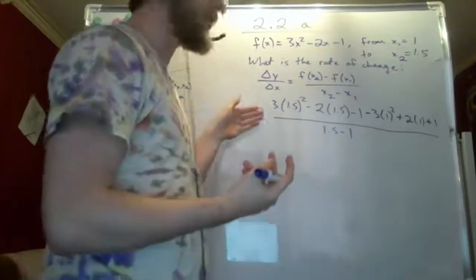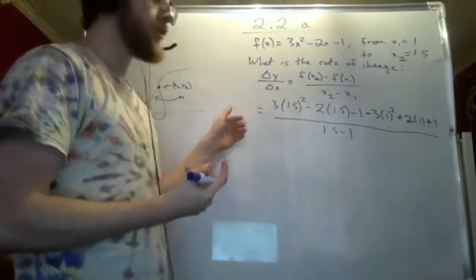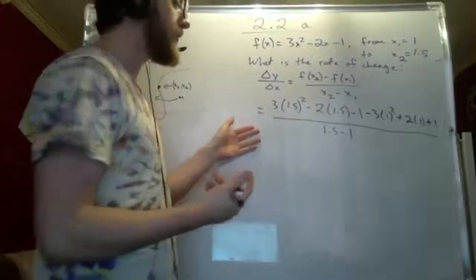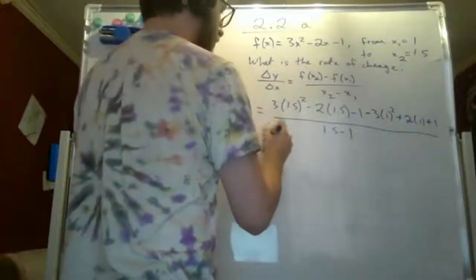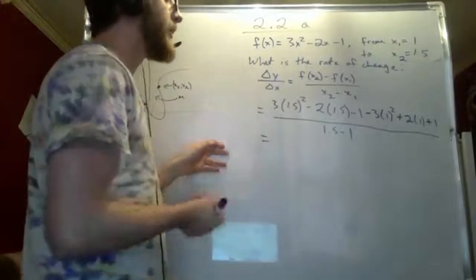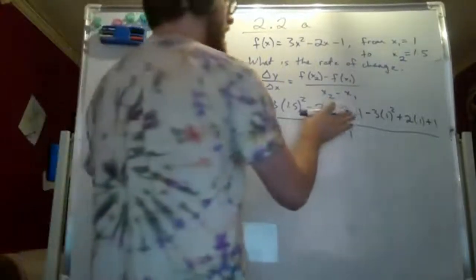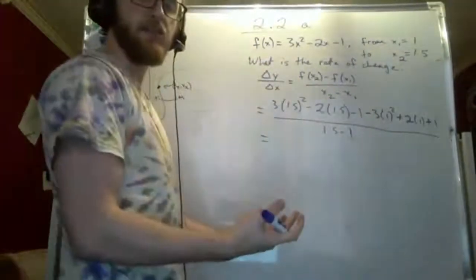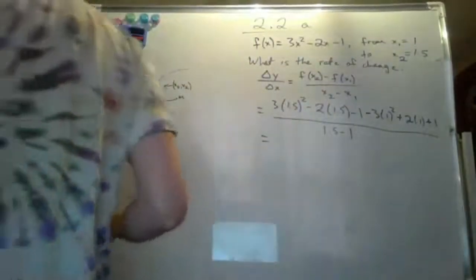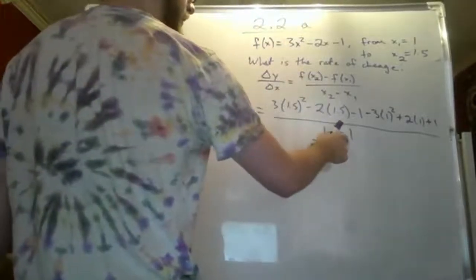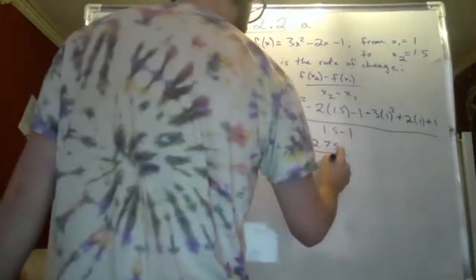If you get to this step and you can do this step correctly, you're already halfway done. All you have left to do now is plug in the numbers in the calculator if you're not confident about it, but now it's just a matter of arithmetic, adding these numbers up correctly. Start with the numerator, and you're going to get 2.75, and for the denominator, 1.5 minus 1, you're going to get 0.5.